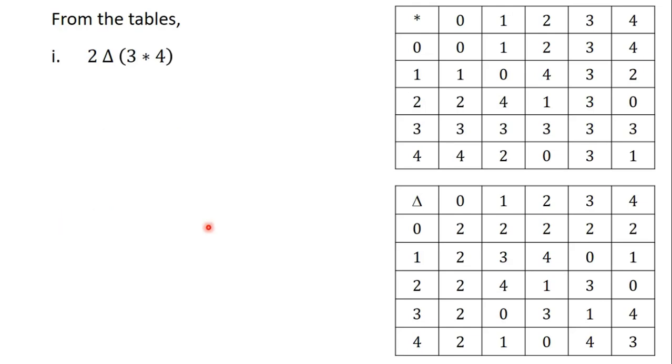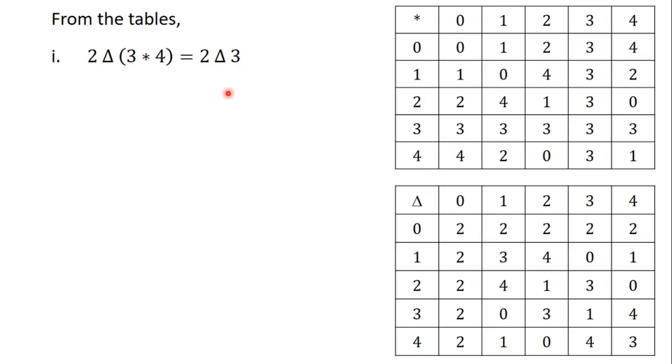Let's begin with the first one. 2 delta (3 star 4). So you will first have to find what is in the bracket. We will have 2 delta, then we find what is in the bracket, which is 3 star 4. 3 star 4 from the table will give us 3. So you have 2 delta 3.